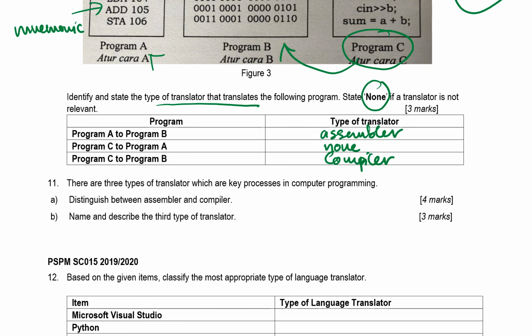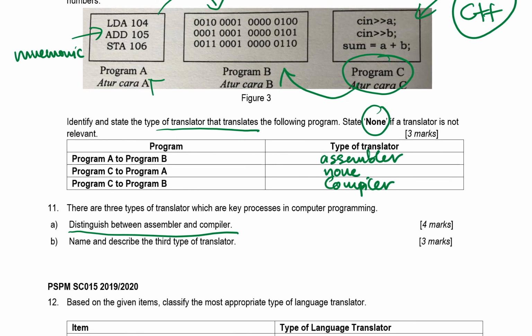Question number 11. So you have to remember, what is the difference between assembler and compiler? And how about B? Name and describe the third type of translator.